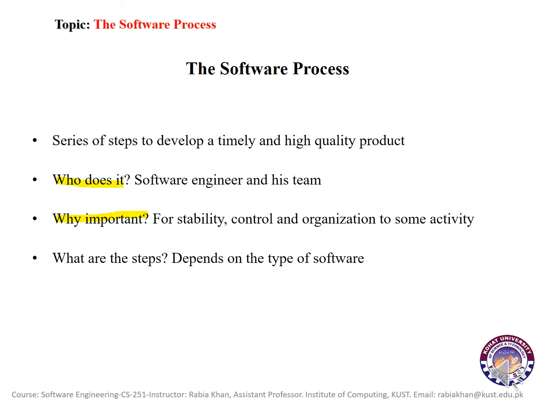If you remember, we discussed in chapter 1 that initially, when software engineering was not properly implemented, software development activities were carried out in quite an ad hoc manner. So for that, a proper process was required, which helps to bring control and stability to your development task. Now the question is, what are the different steps that comprise a software process?